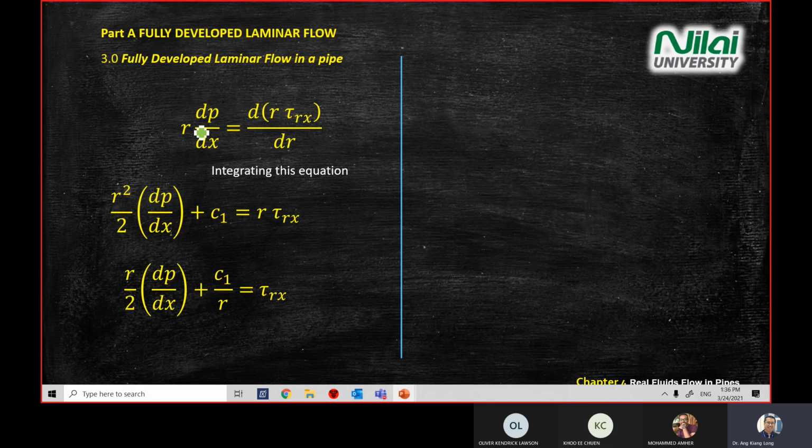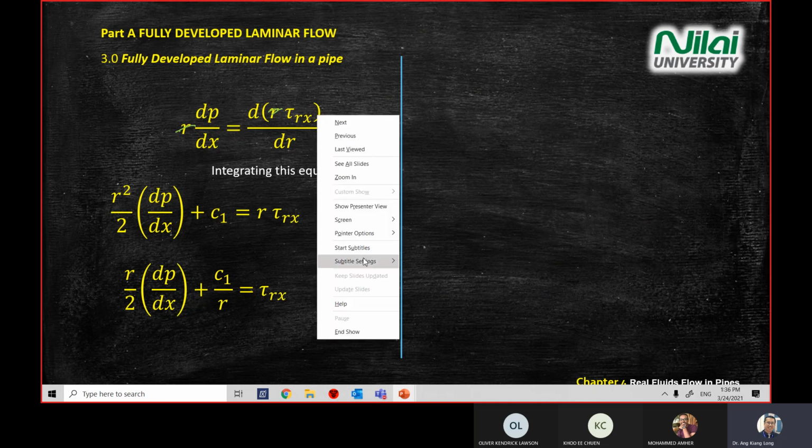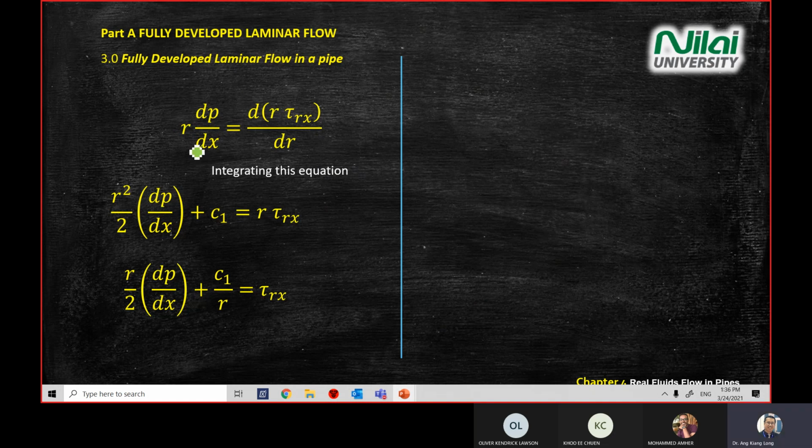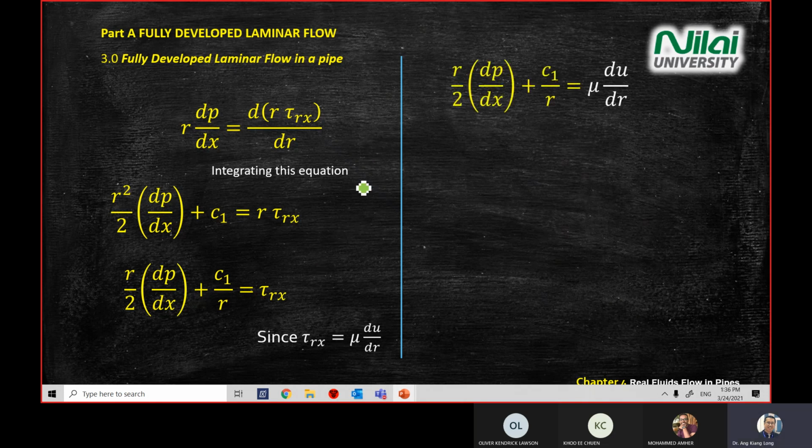Because you cancelled just now, you cancel the r in this equation. Because r is constant, you cancel this one. You integrate straight away with r. You'll get this term. Then you solve for the constant value. This slide is more about mathematics steps. So you keep integrating.